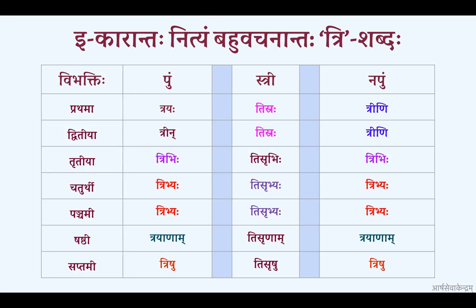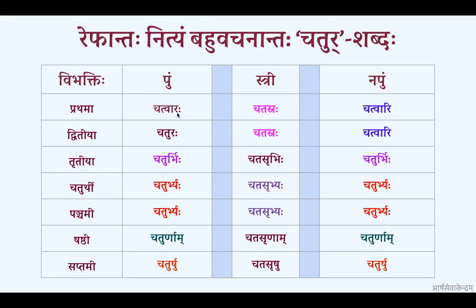Dvi exists only in Dvivachanam. 3 onwards, they exist only in Bahuvachanam. So, Chatvaraha Balakaha, Chaturaha Balakan. If you see Chaturaha Balakaha, it means a clever boy. Chaturaha Balakan means 4 boys. Aham Chaturaha Balakan Pashyami. Like that. First number.